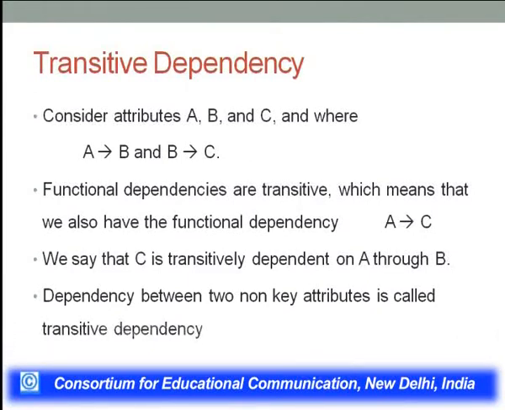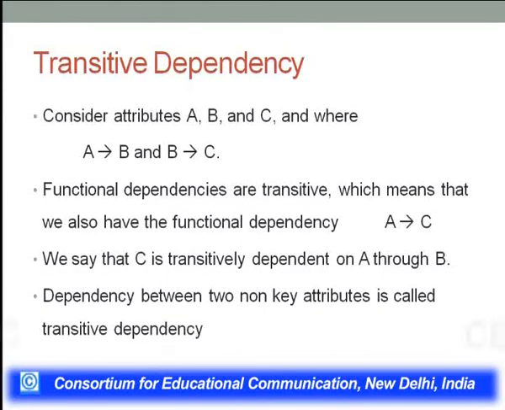For instance, there are three attributes, attribute A, attribute B and attribute C, and we say that A determines B and B determines C. That is, attribute B is functionally dependent on attribute A and attribute C is functionally dependent on attribute B. Therefore, we can infer that attribute C is also functionally dependent on attribute A. So, functional dependencies in this case are transitive, which means that since A determines B and B determines C, we imply that A determines C. So, we say that C is transitively dependent on A through B. So, dependency between two non-key attributes is called transitive dependency.